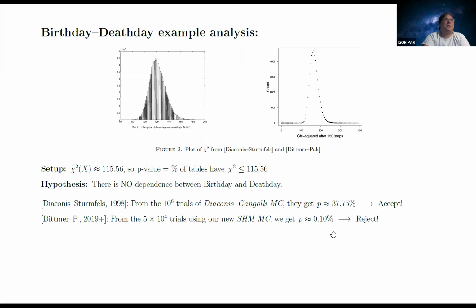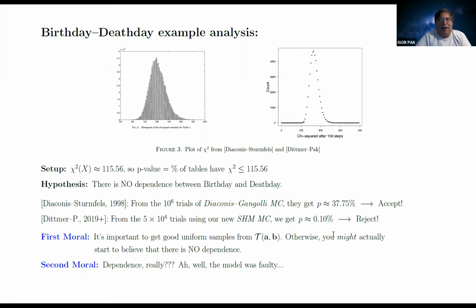You see? And it's pretty important because now there are two morals of this. In the first case, you accept, and in the second case, you reject. So it is important to get the distribution right, because otherwise you might actually believe that there is no dependence between months of birth and months of death. You'll be mistaken.